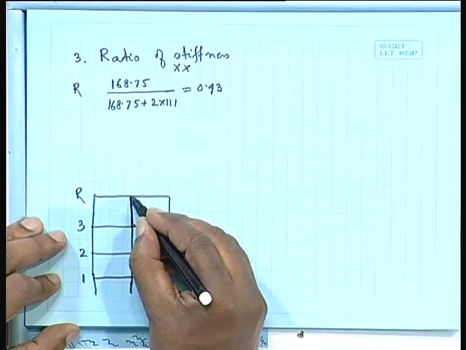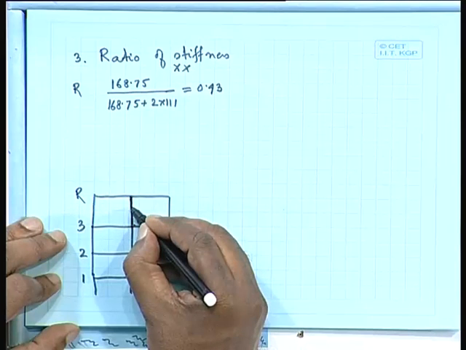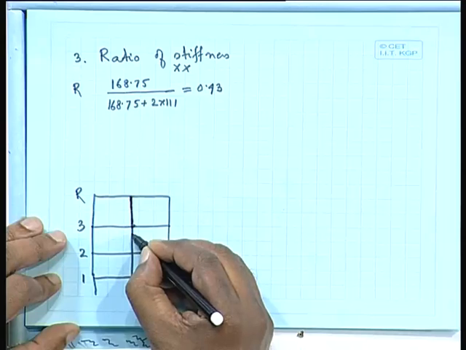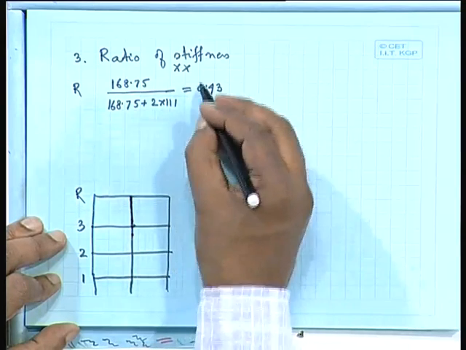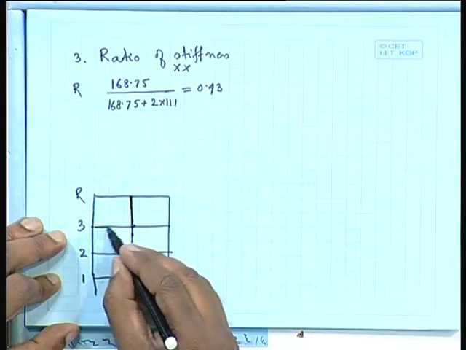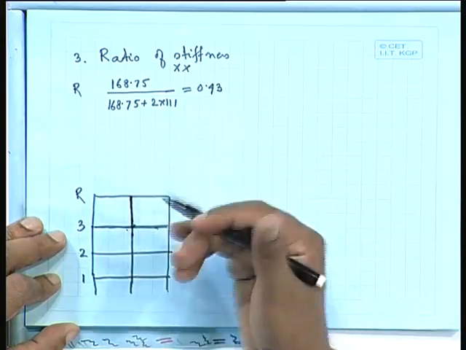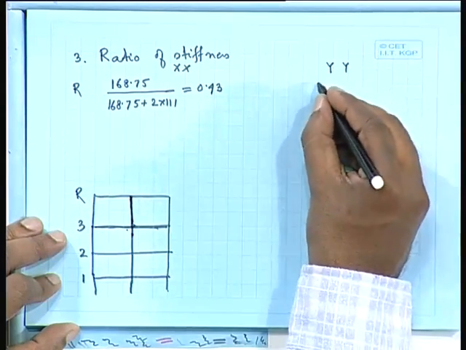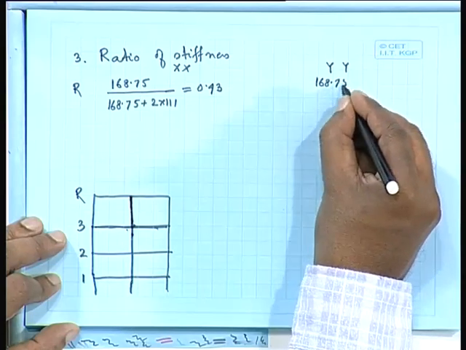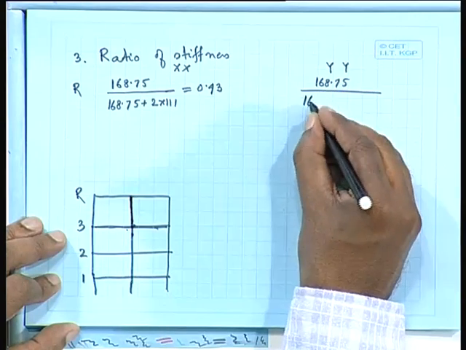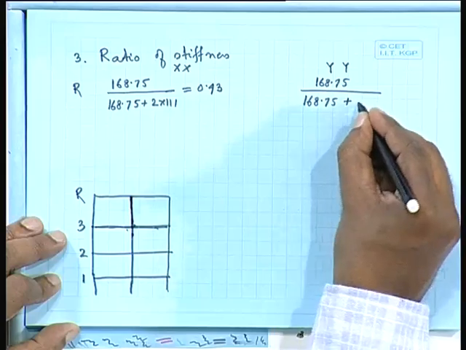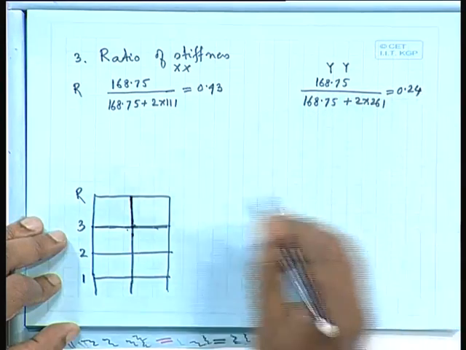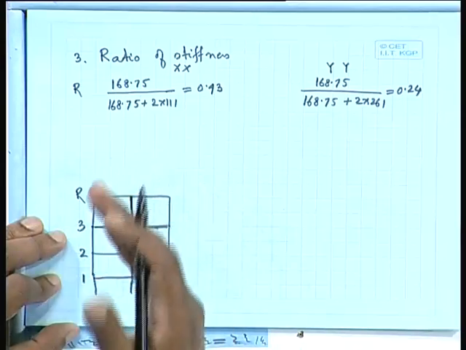So, at this level we are having only this column, but when we shall take this one, then we are having this column as well as this column. So, for roof in XX we are taking these two only. Similarly, for YY we shall take 168.75 divided by 168.75 plus 2 into 261, which comes as 0.24.